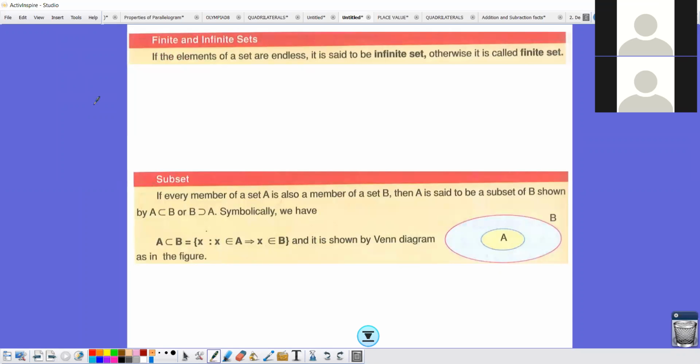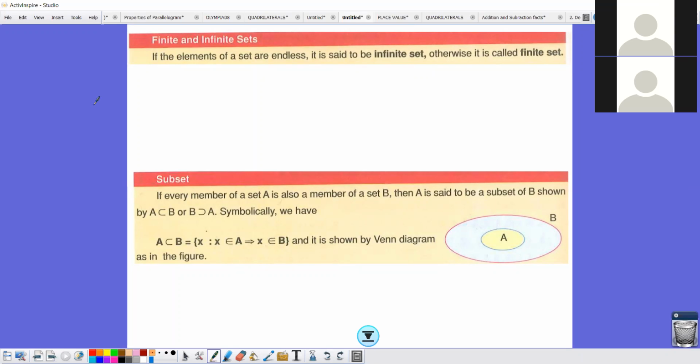Finite and infinite sets. If the elements of a set are endless, it is said to be infinite. Otherwise, it is called a finite set. If we don't see the end of the elements, it's called infinite.